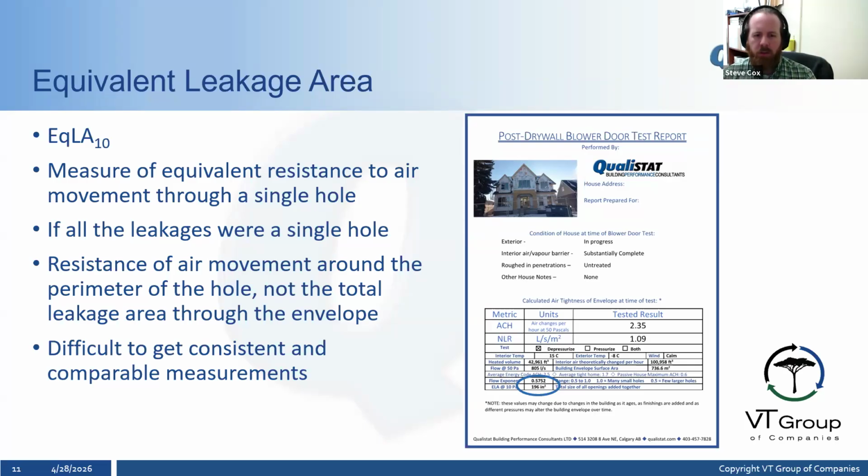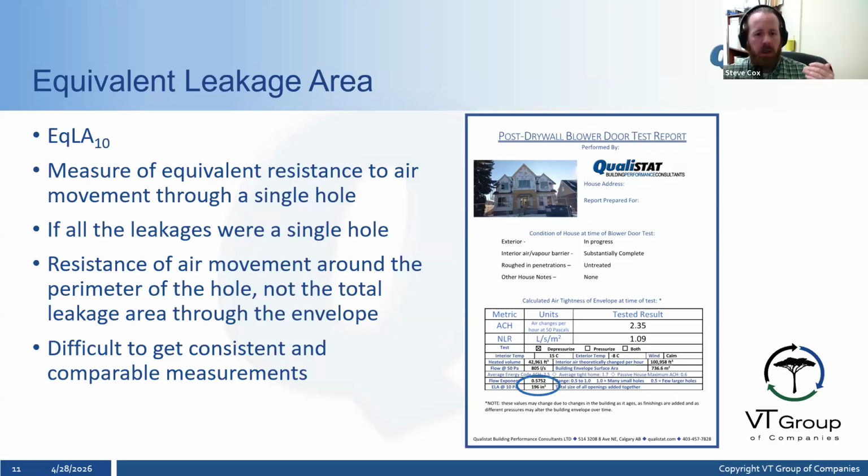But there's been a number of projects where we do the pre-renovation, the pre-construction test, and we get an EqLA of X, whatever it is, but an ACH of, let's call it like this one, 2.35. We go in and do the final later. The air leakage, the ACH, has come down. Maybe it's a 1.5 now.